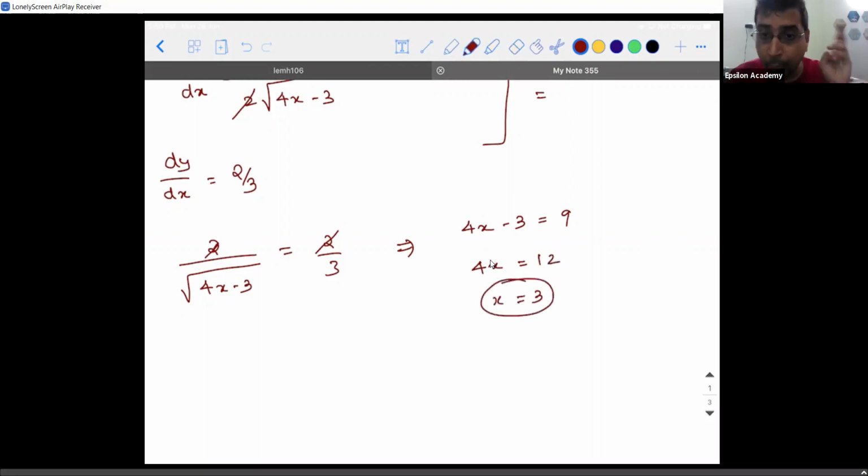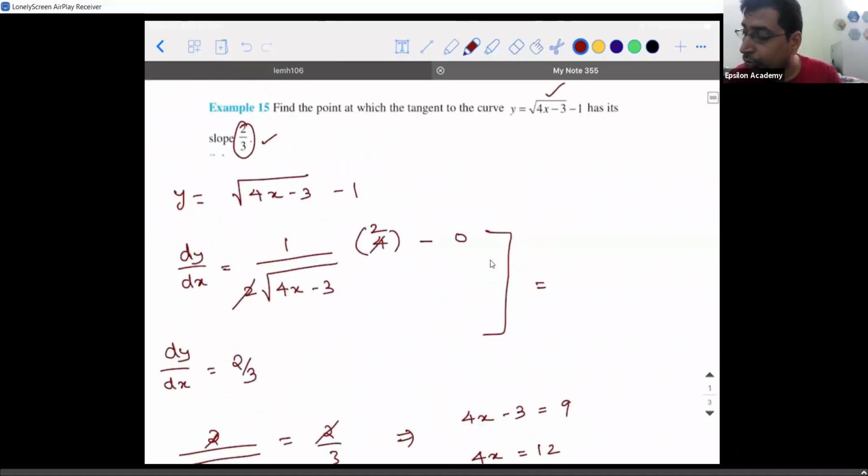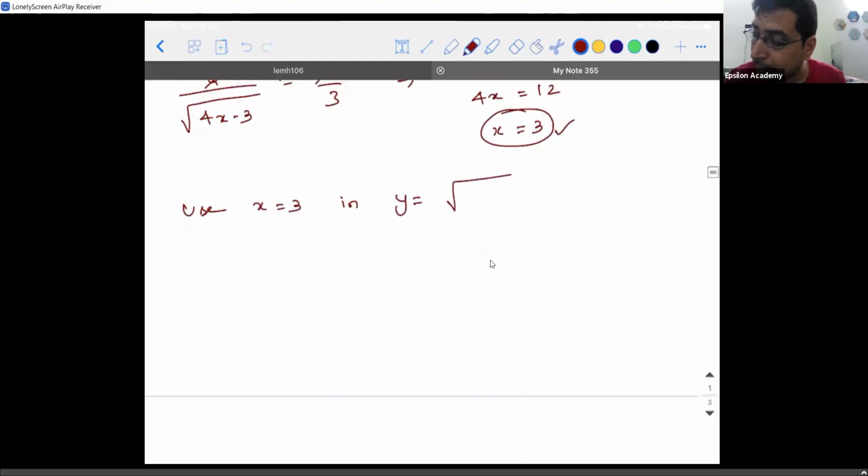But they asked, what is the point? We got the x coordinate. How to get the y coordinate? Use x is equal to 3 in y is equal to root of 4x minus 3, minus 1. So I put x is equal to 3 here. Root of 4 into 3 is 12, minus 3, minus 1.